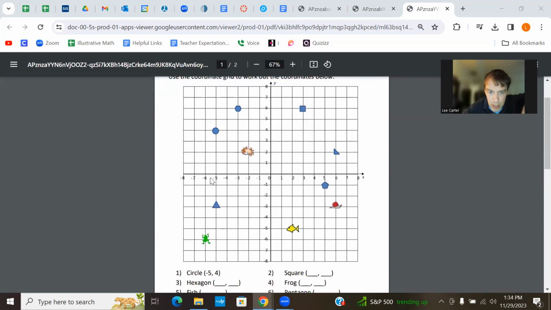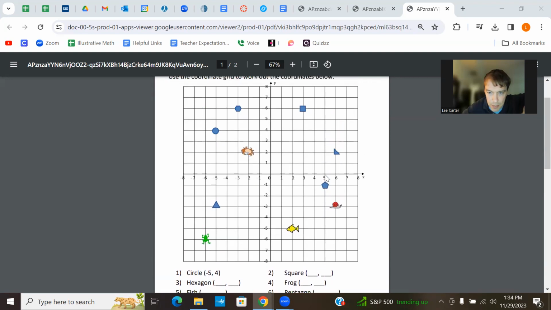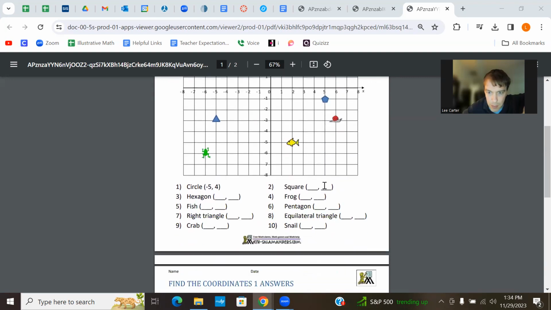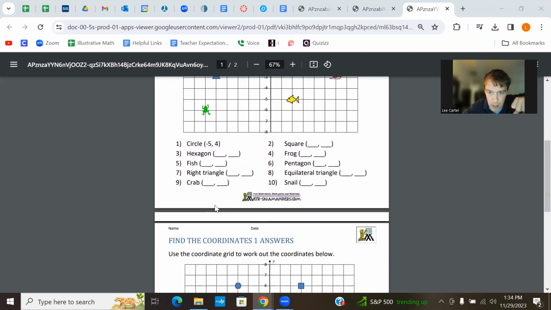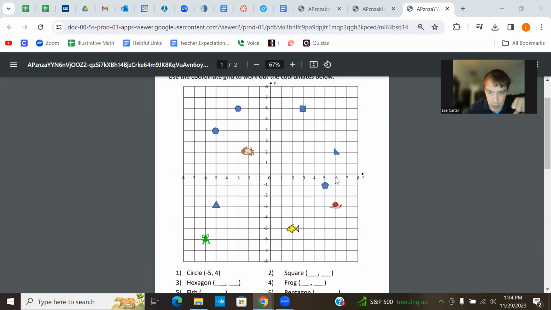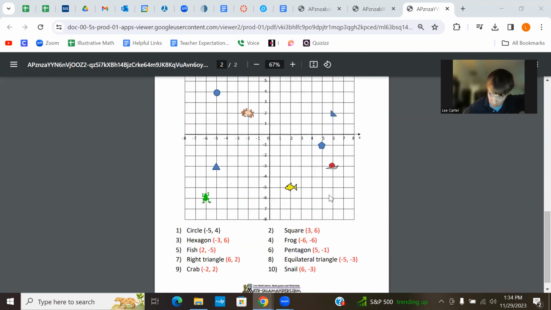The frog is at -6, -6. The pentagon is at 5, -1. The equilateral triangle is at -5, -3. And the snail is at 6, -3. Okay, so just double check those answers.